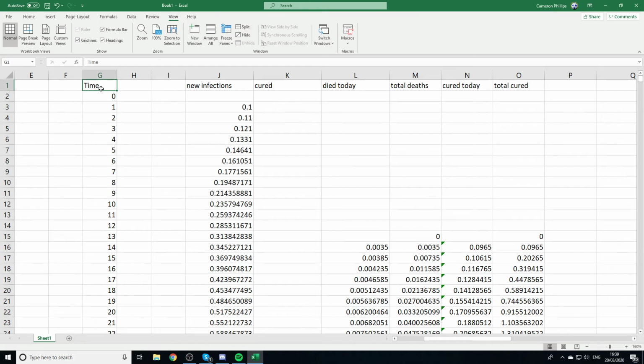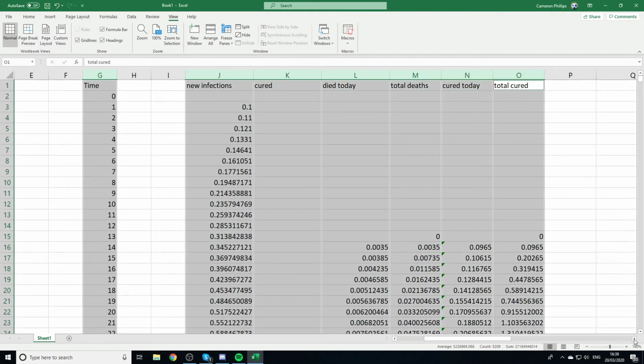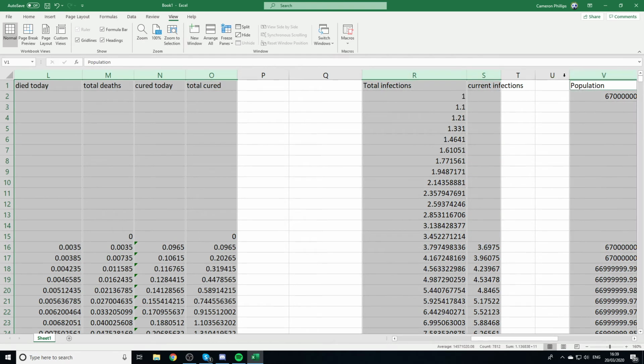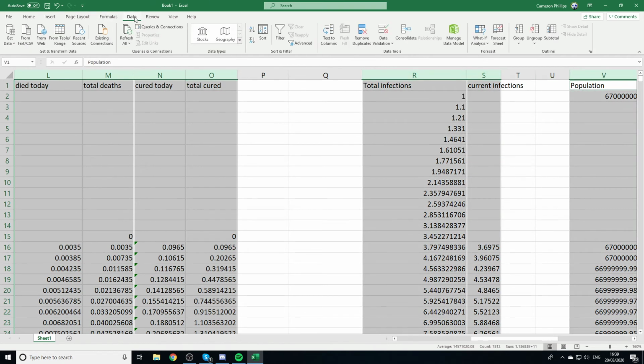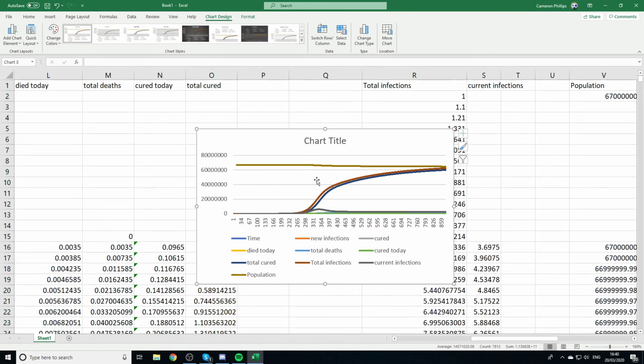Let's have a look at a graph. So you can see the population getting smaller. Total infections going up.